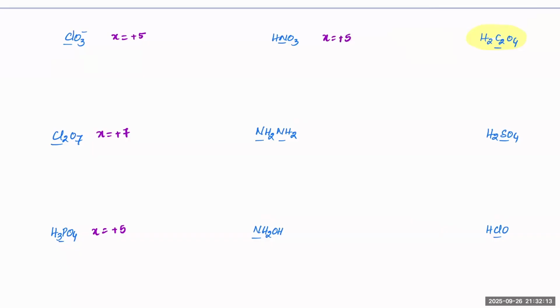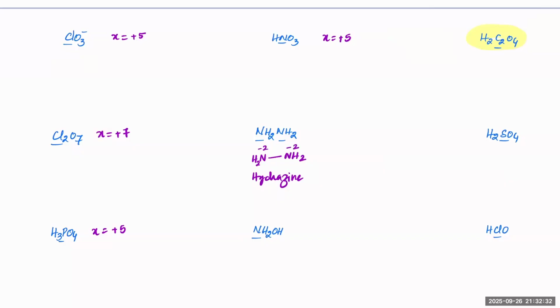Here hydrazine. See, in hydrazine we have NH2 and NH2. This is how they are connected. The name is hydrazine. We'll be using it very frequently going ahead. So remember that. Based on structure, I can clearly make out that each nitrogen will have -2.